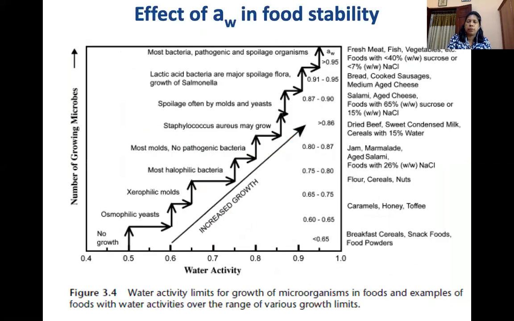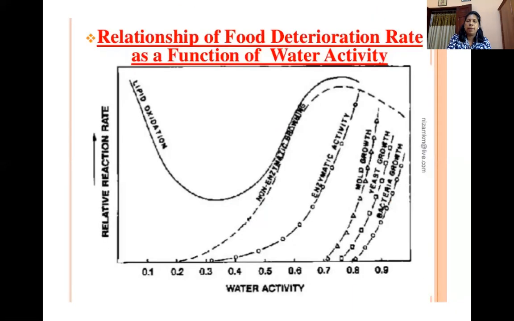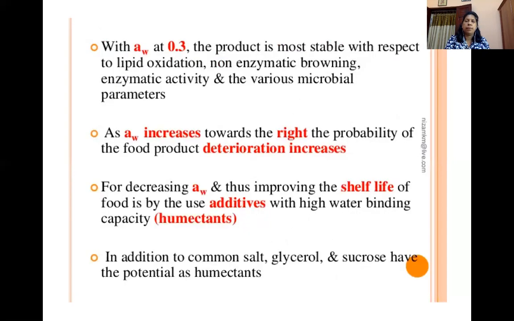Now you can see in this picture, up to 0.3 the product is very stable, but when it moves to 0.8, 0.9 water activity levels, you can see microorganism growth increases, the rate is increasing, and all the actions are going on at very high levels. So therefore product stability is not there.